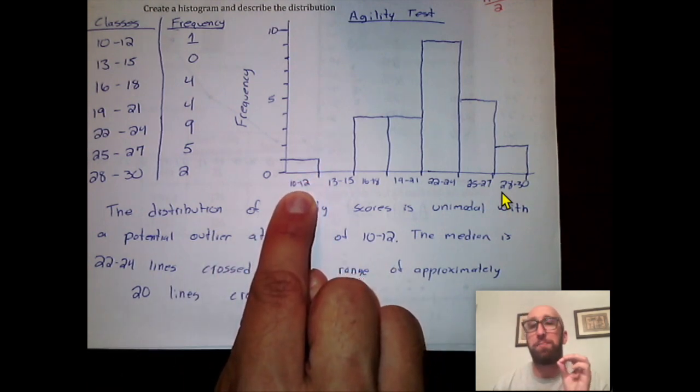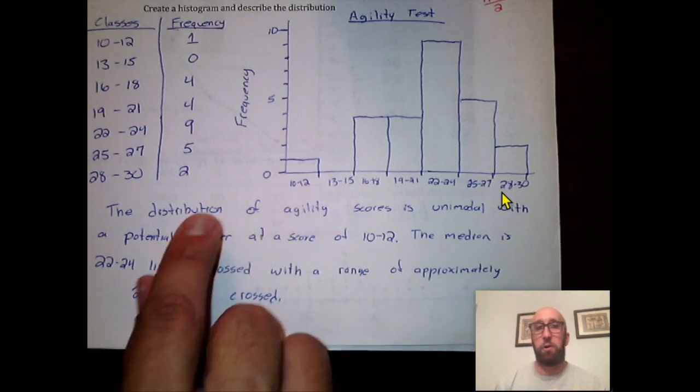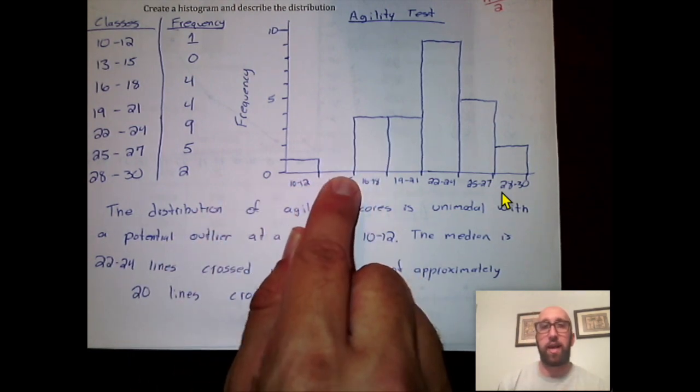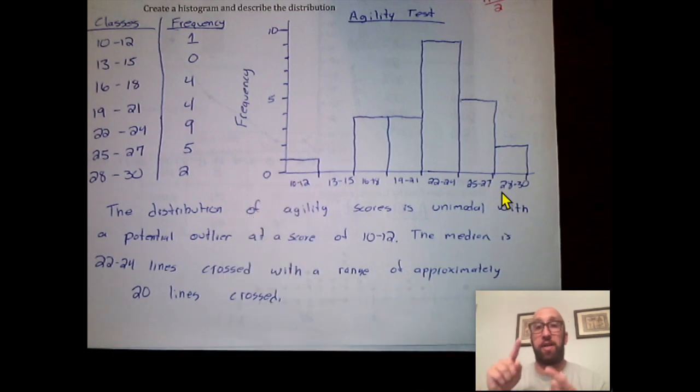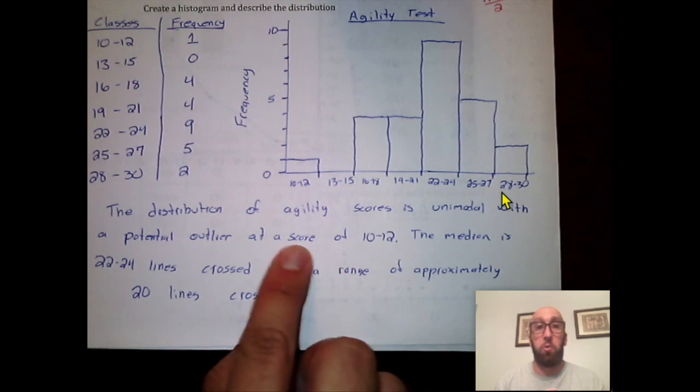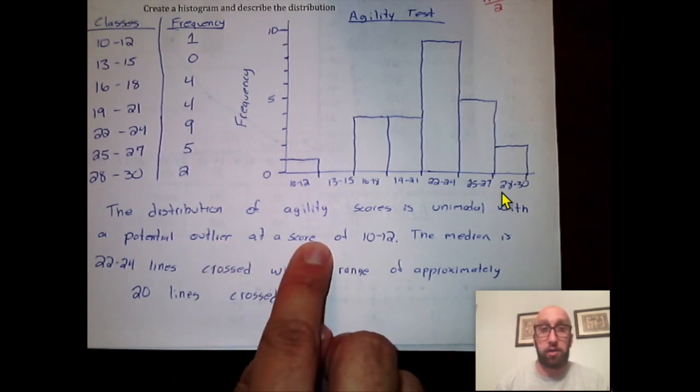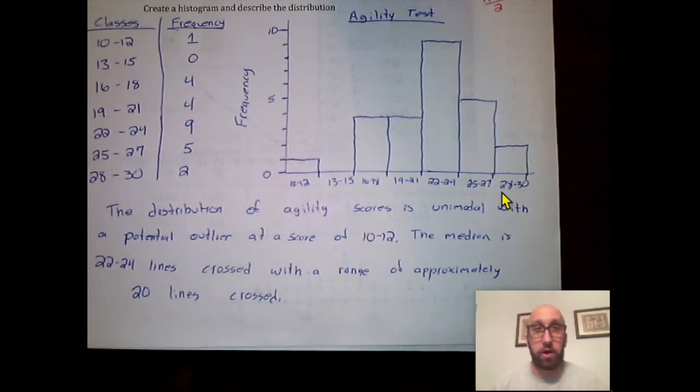I don't know the specific data though. So if I'm going to call this an outlier because there's a gap and it's just kind of sitting over here, I don't know if that outlier is a 10, an 11, or a 12. I just know it's in this 10 to 12 class. So I just use all that I know, which is I have a potential outlier at a score of 10 to 12. That's all I can work with.